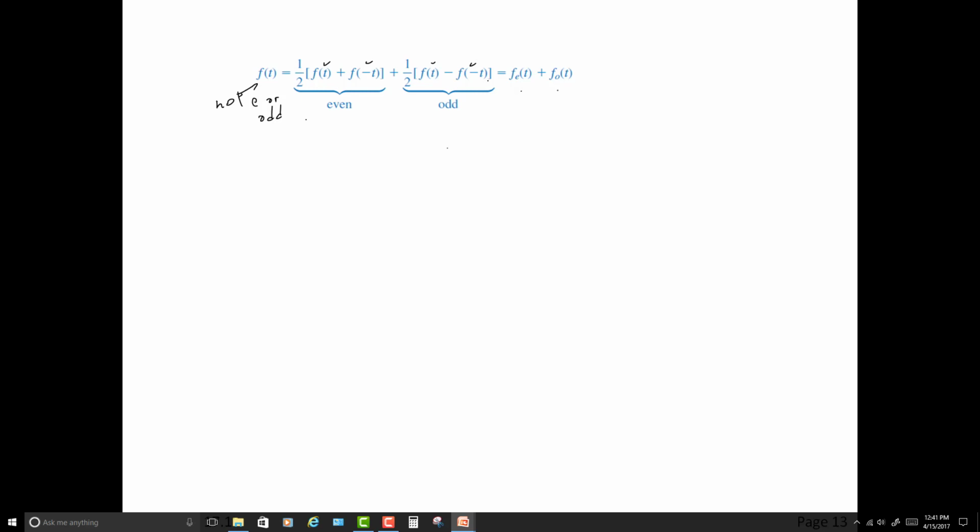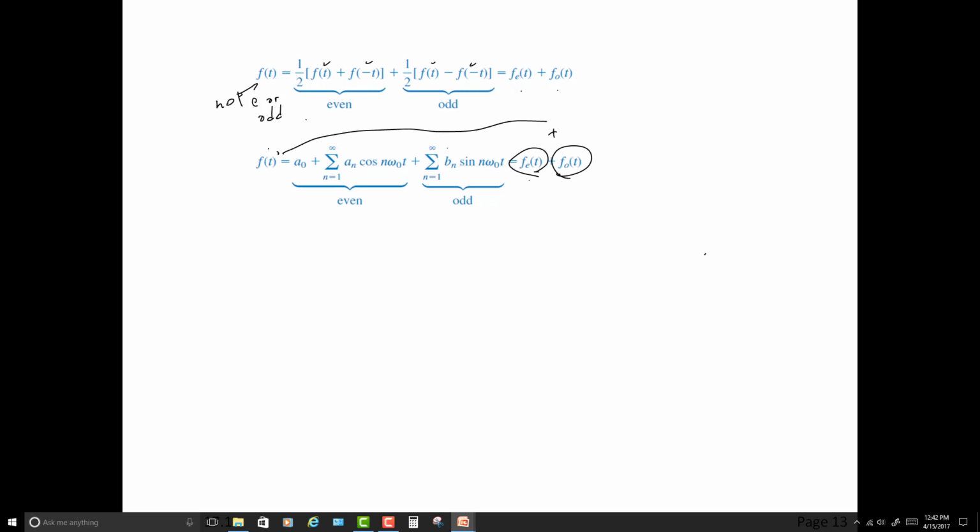And then once we have even and odd, of course, we can press on with what we know. So let's do that. The first trick is going to be what? Finding an even and an odd function whose sum makes the function we started with, or the function we want.